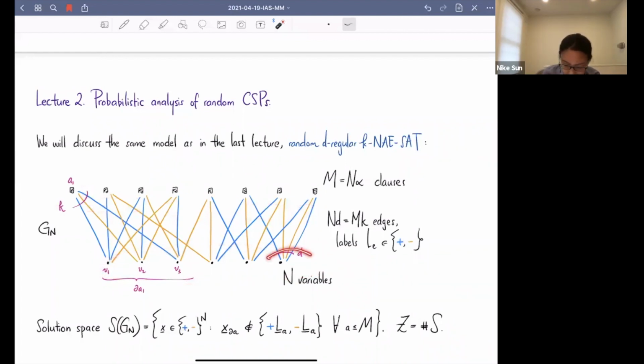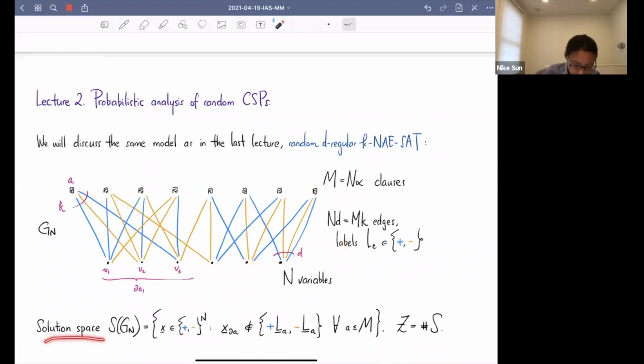Each of them has degree d, meaning that it participates in d constraints. There are m clauses. Each of them has degree k, meaning that it contains k variables. And the number of edges is n times d, or m times k. And each edge is labeled either plus or minus. So this graph with the plus-minus labels on the edges encodes the problem.